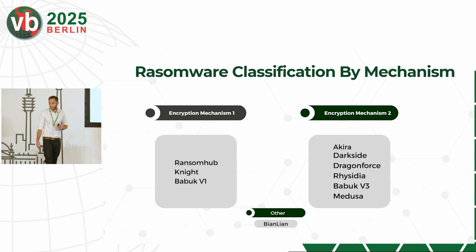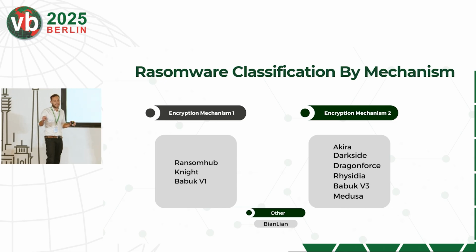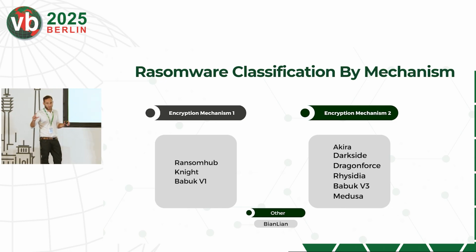A different example that I had to put here as a disclaimer is Bian Lian. Bian Lian, as a group, were the only ones from the ransomware I've seen that they couldn't cluster into those two mechanisms. The thing is, Bian Lian uses a hard-coded AES key and IV key in the sample, meaning it doesn't use asymmetric keys at all, neither PRNGs, but its mechanism is very, very weak, right?